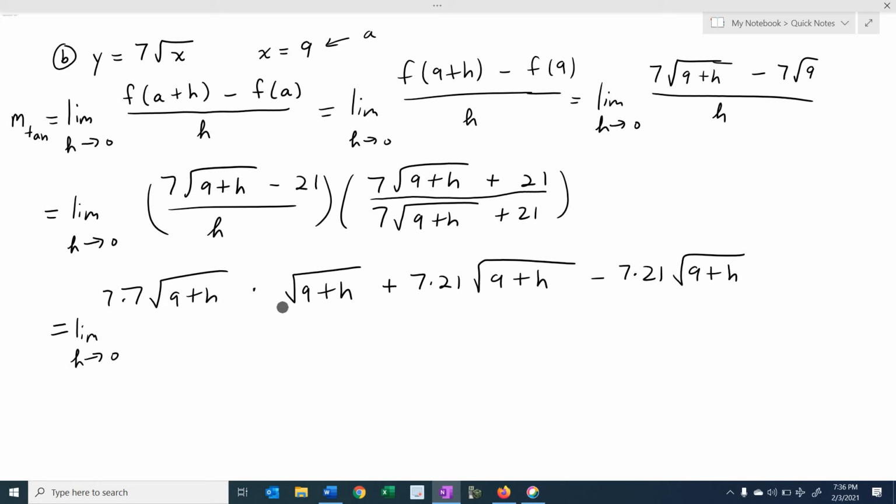So you got first here, the outer is a plus with the square root, and the inner is a minus with that same term. So those are going to cancel out. And then the last will be negative 21 times positive 21.